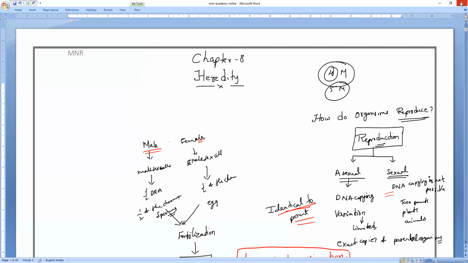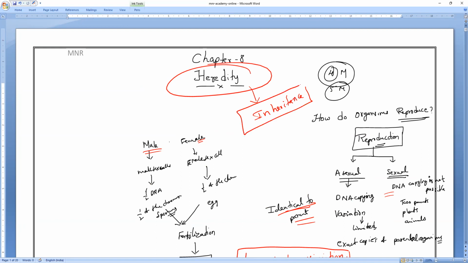That is what we call heredity. Heredity is also called inheritance. Please learn it. Inheritance means coming from our parents. What is exactly coming from our parents? That is what we say is heredity.